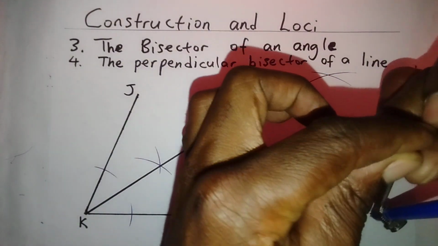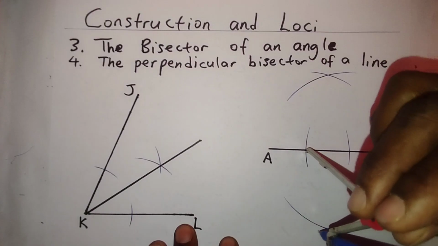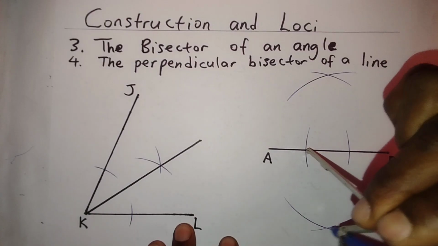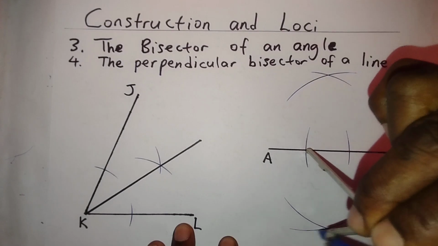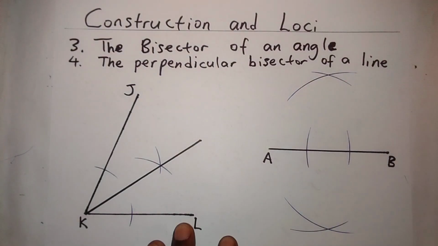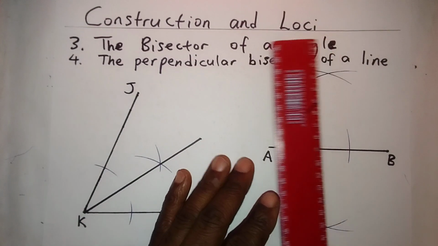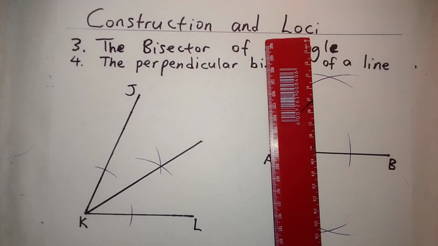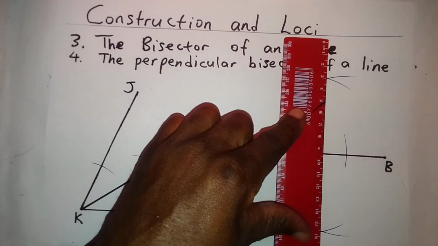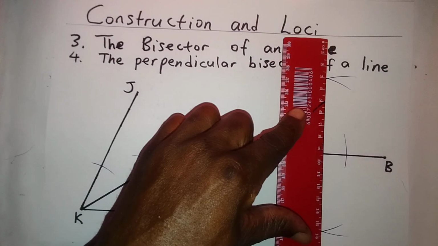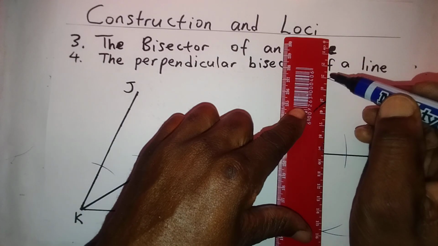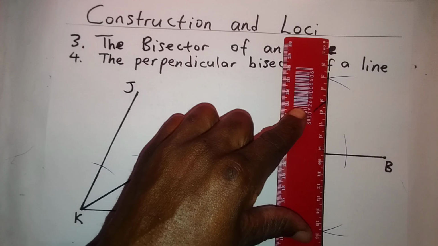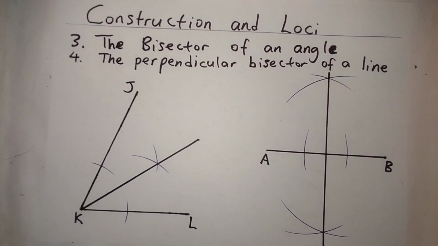Without altering the radius, I'll draw another arc here below AB to meet the previous one. After this, I'll join the points of intersection of the arcs above and below the line AB, drawing a straight line right through the points of intersection of the arcs.